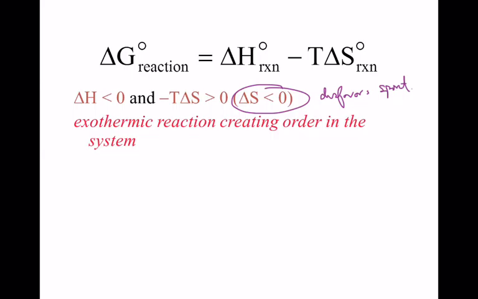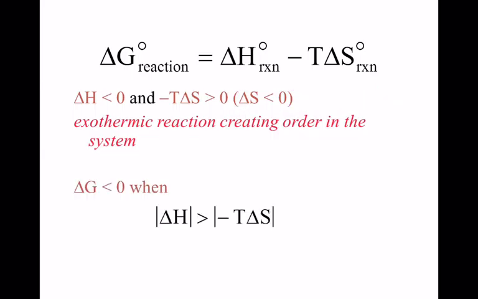Now it depends. If the magnitude, that's the absolute value, of your delta H term, your change in enthalpy, is greater than the product of T delta S, then your enthalpy wins out, and enthalpy favors spontaneity.